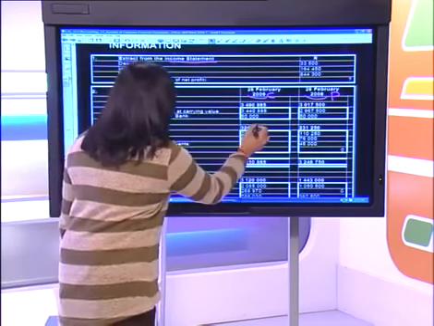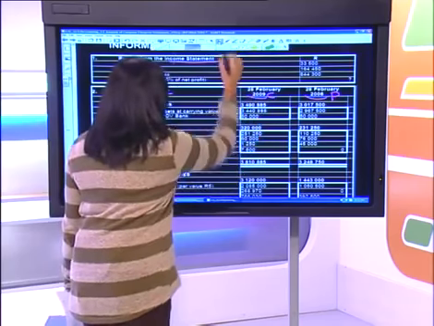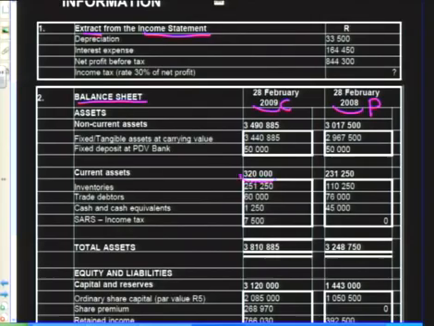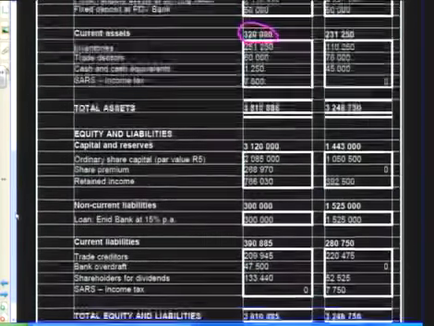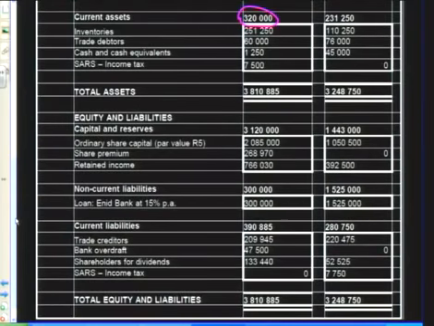So there's my current assets. And I know I'm going to need my current liabilities. At the bottom, there is my current liabilities. So no calculation, taking it from the balance sheet. So one more time, current assets, current liabilities. So let's fill that in.